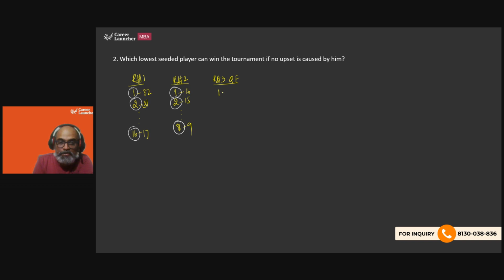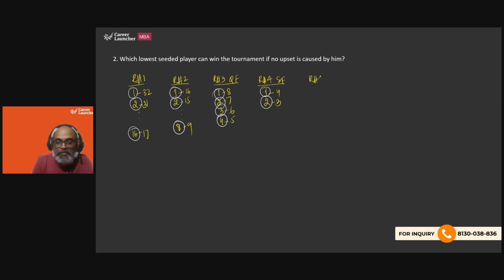In this, 1 is going to play against 8, 2 against 7, 3 against 6, and 4 against 5. If you do not need upsets, we have to make sure that 1, 2, 3, 4 win. And next is round number 4, which is the semi-finals. 1 is going to play against 4, 2 against 3. We do not need upsets, so we will have 1 and 2.